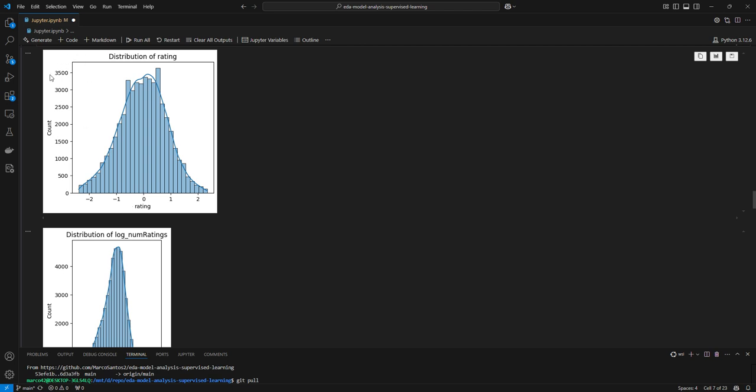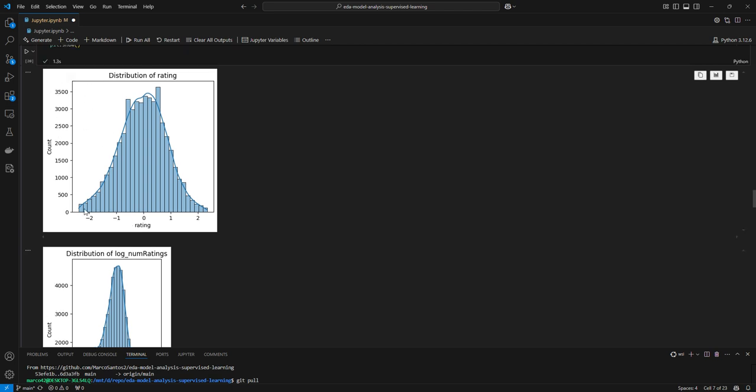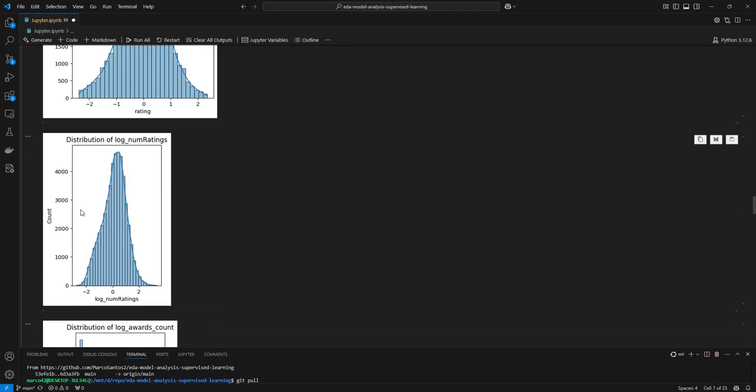If we think about the actual counts, some books have millions of ratings, so you would see a massive column right here, and it would be very hard to see other books here because of how skewed that would be to the left. So what this does for us is tell us that most books are on an average rating here, and then there's a very small number of books that have very high ratings and very low ratings.